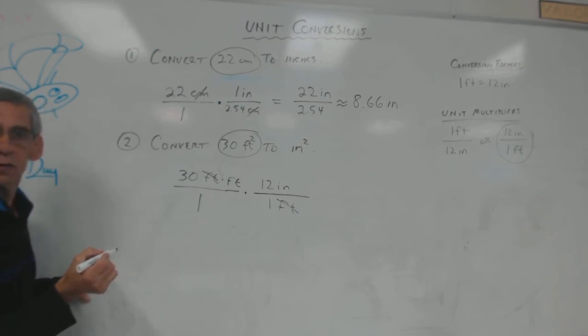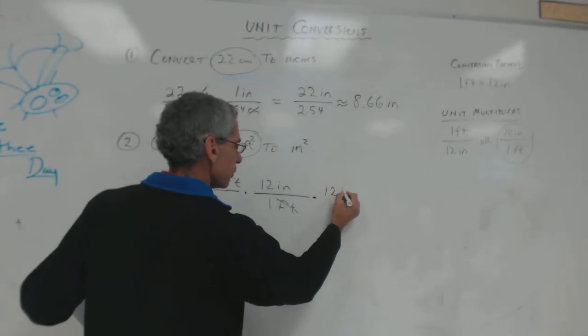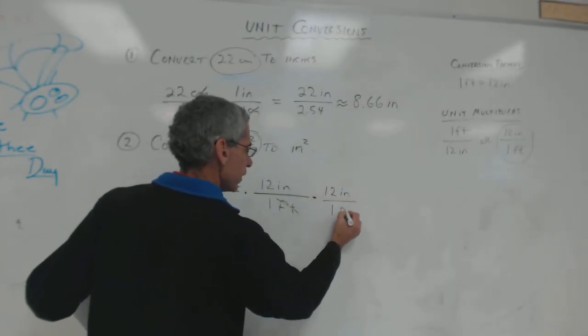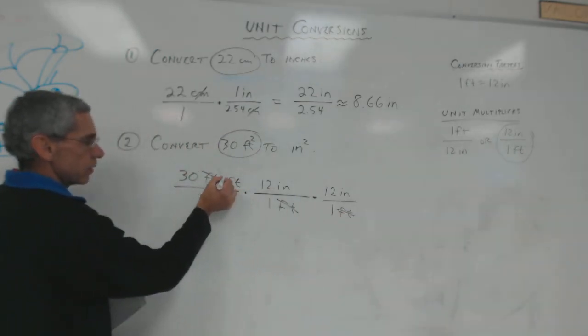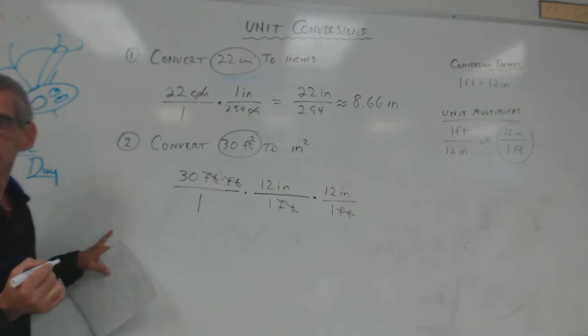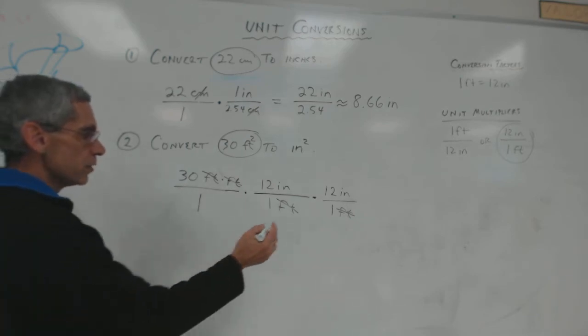I only have 1 foot left, so multiply it by the same thing again, the same multiplier, 12 inches over 1 foot. That way I can cross out this one, and I can cross out this one. You with me so far? Does that make sense?